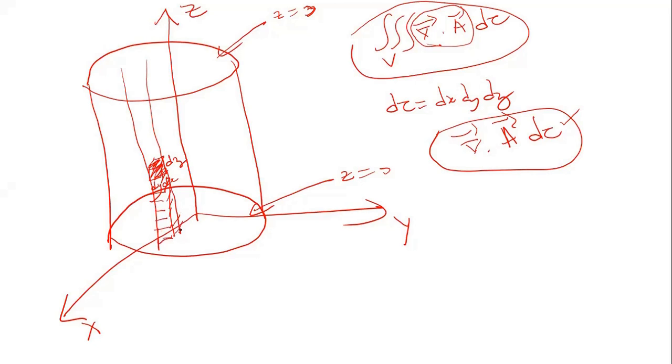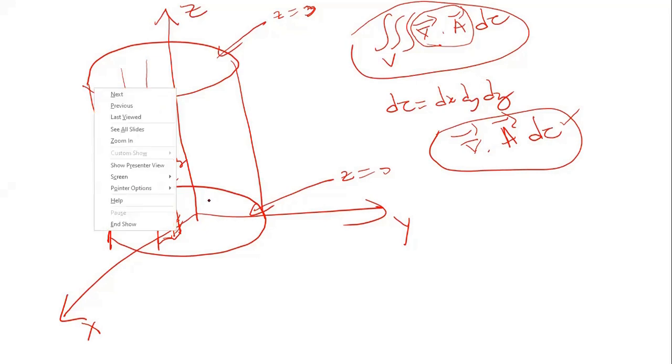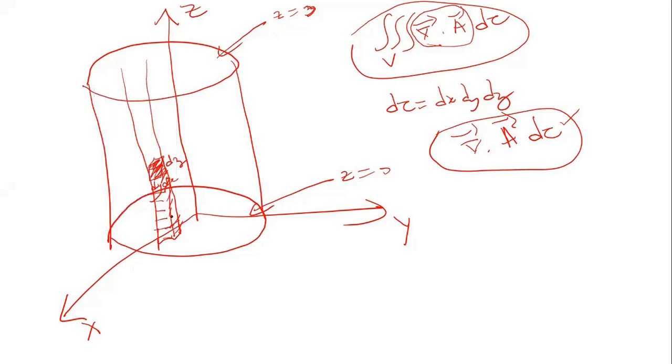There is an infinitesimal small volume here at z equal to 0, and at a certain value of z there can also be a certain infinitesimally small volume like this. So you can have plenty of infinitesimally small volume elements here.